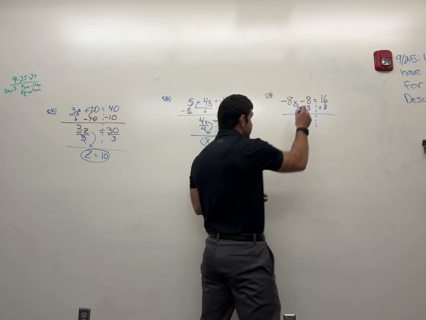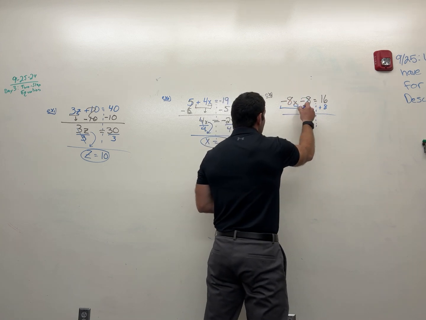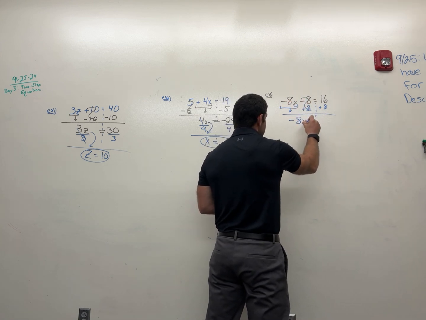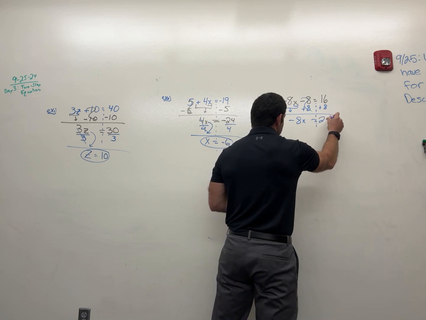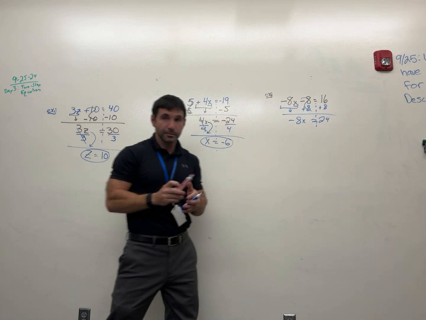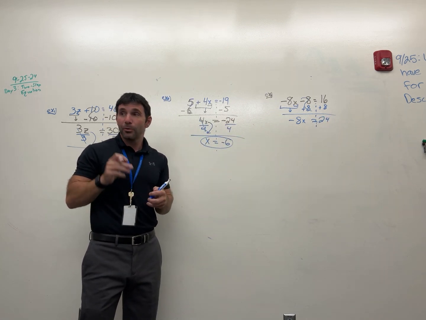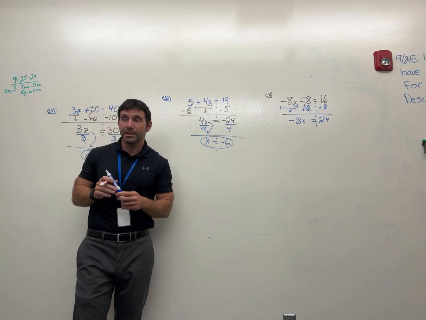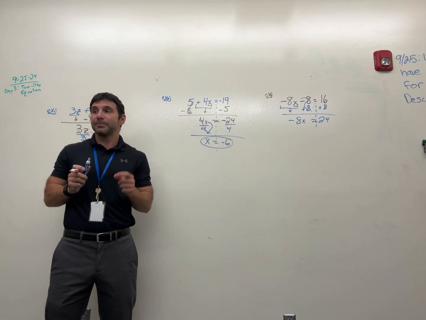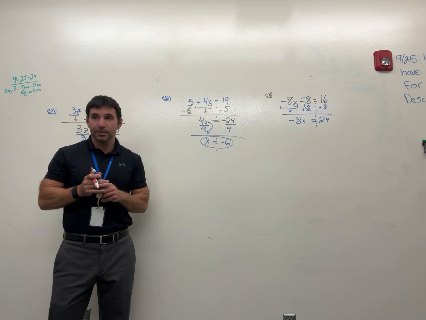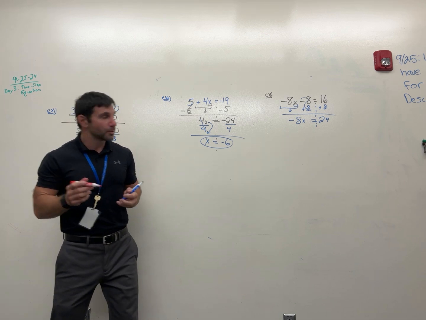Negative 8 plus 8 is 0. All of this comes down. Negative 8x equals 24. Now, what does negative 8x mean? Negative 8 times x. So Kendall, what's the inverse of multiplication? So what am I going to divide by?